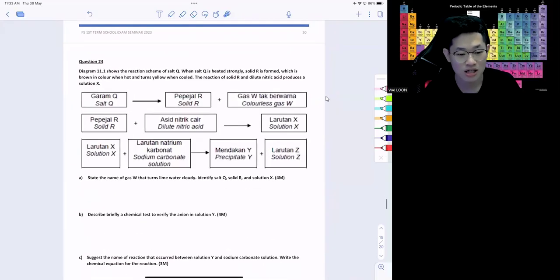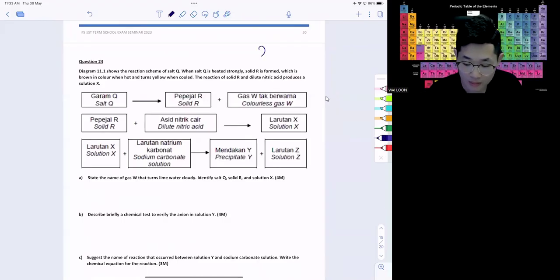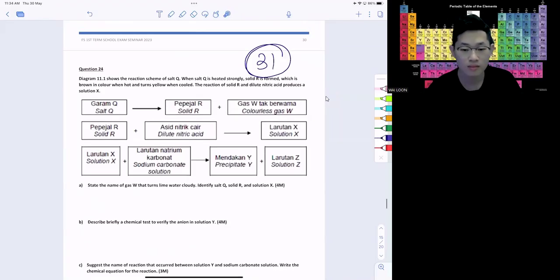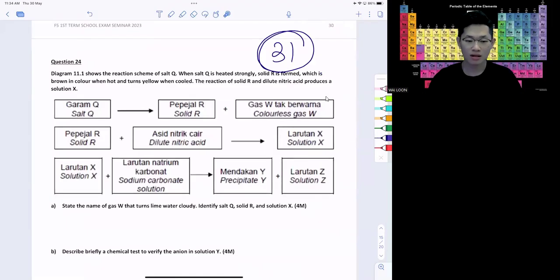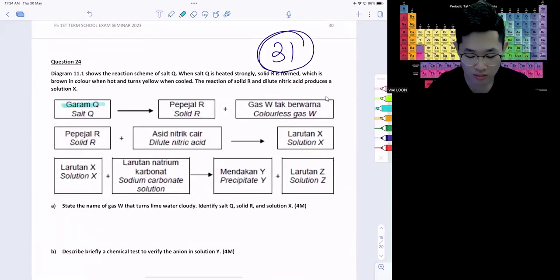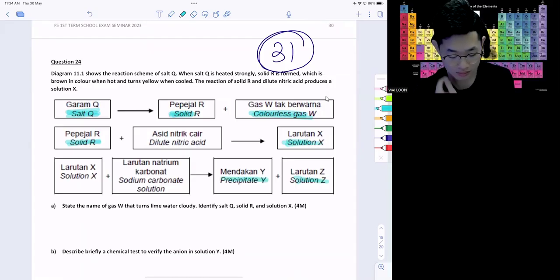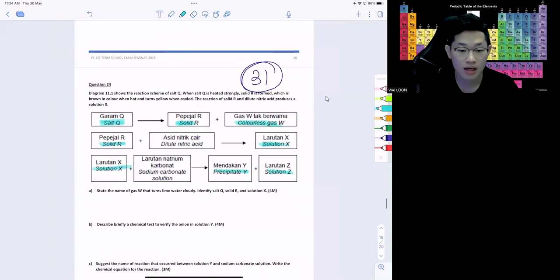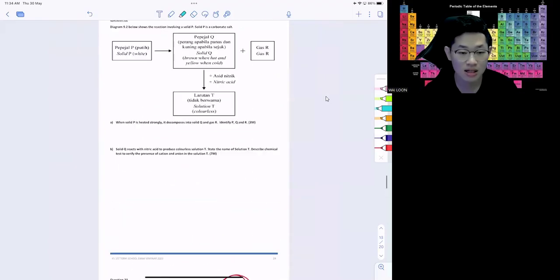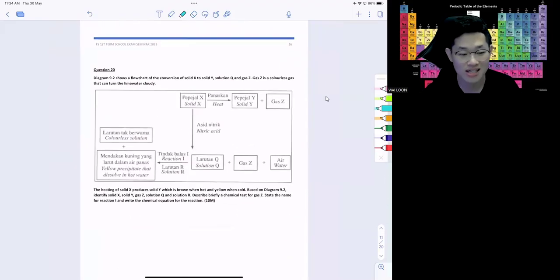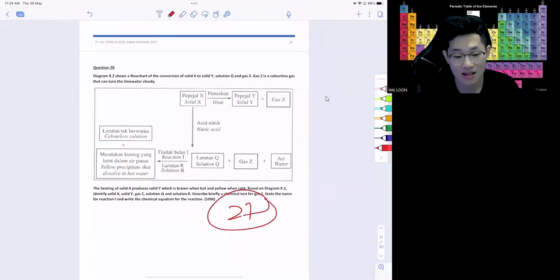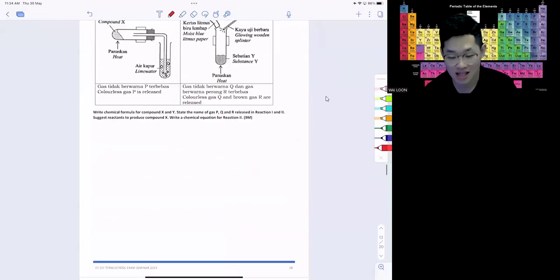In the next page, page 31, you have to find all these unknowns. And then Ziling, I think you can do page 27.